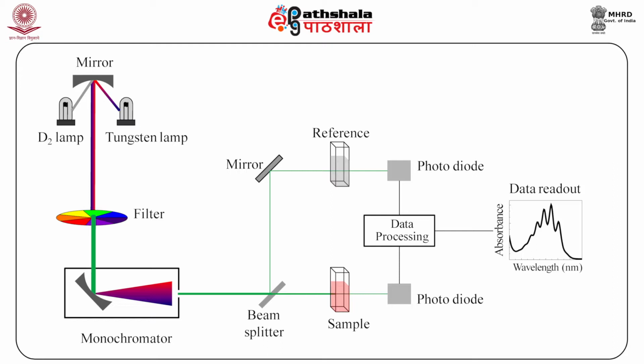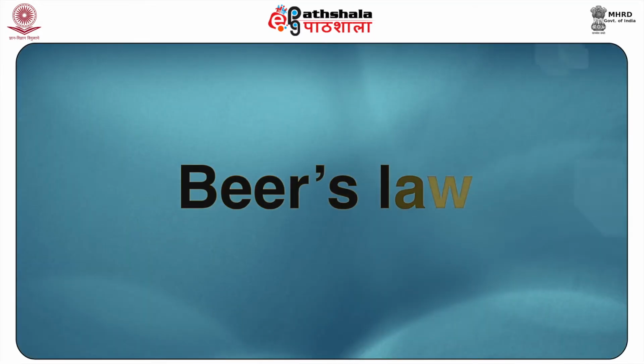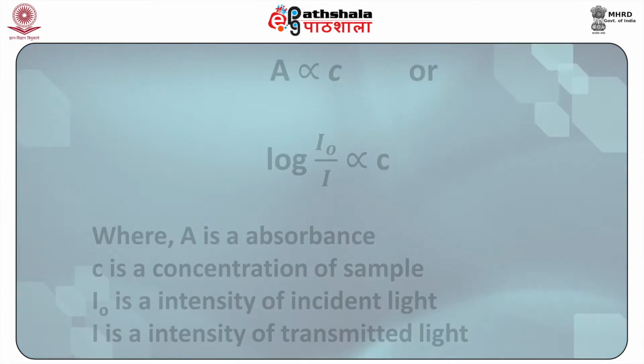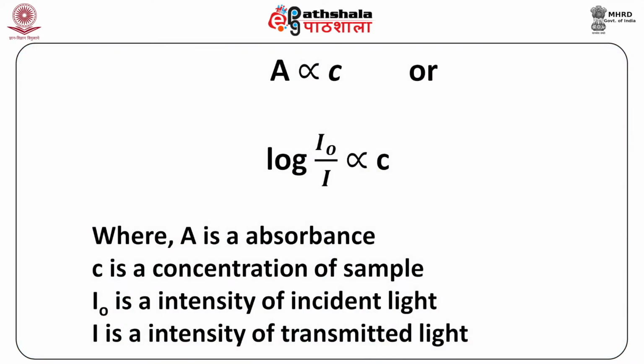The absorption of electromagnetic radiation is governed by some laws called absorption laws. The first law is known as Beer's law. This law gave the relationship between the absorption of light and the concentration of the absorbing material.